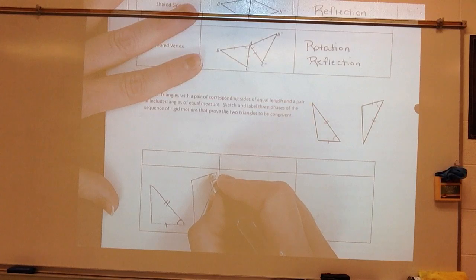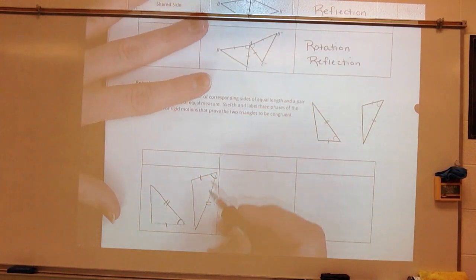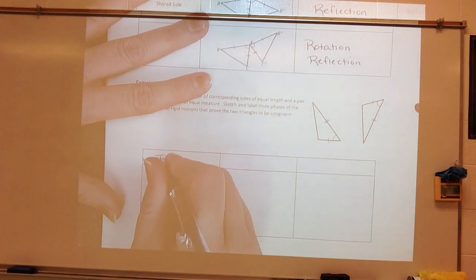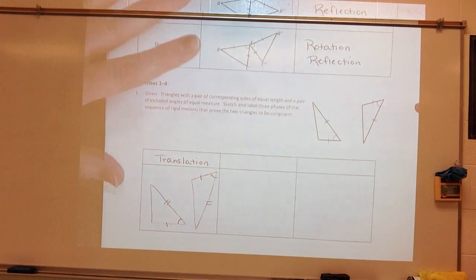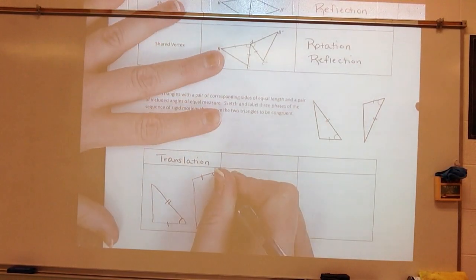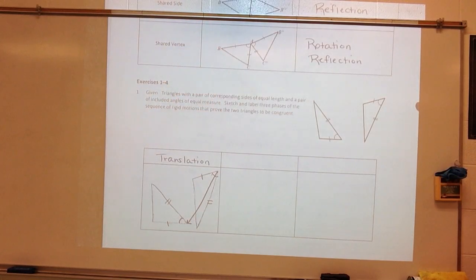Once again, I'm not going to be perfect here. So I can actually do a translation. And I am going to bring this point here. So I'm going to draw that vector. And mine should be perfectly straight, but it's not.